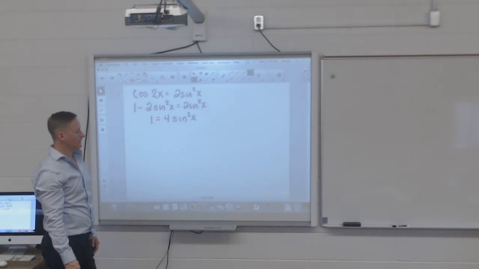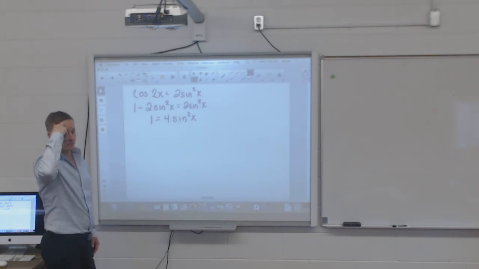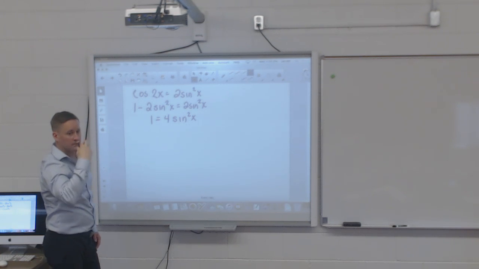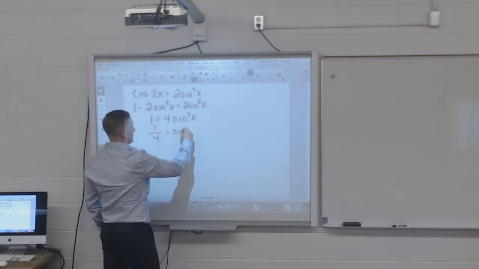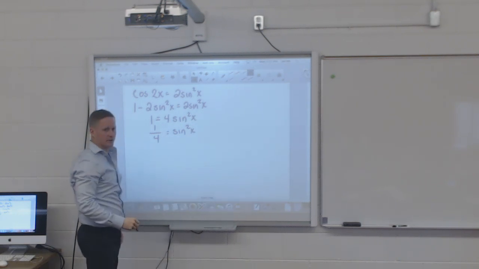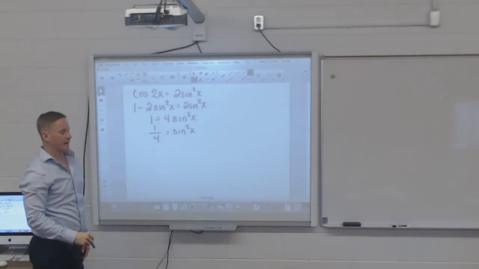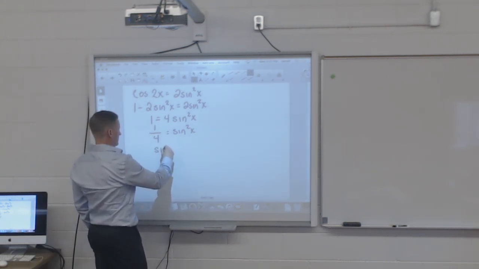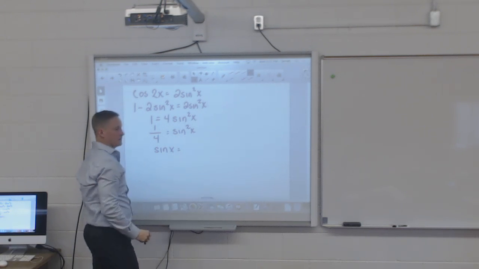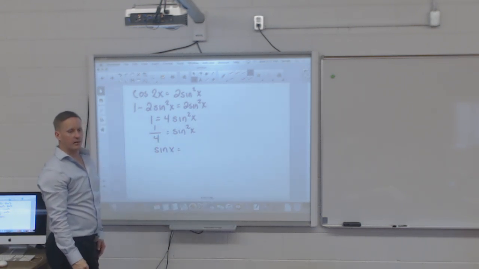Now, sine squared by itself. What are you going to do? Do I get rid of the 4? Just divide 4 by 4. So I've got 1/4 equals sine squared x. Now how do I get sine by itself? How do I get rid of the squared value?